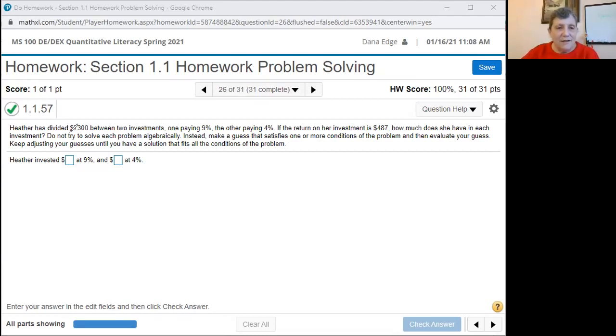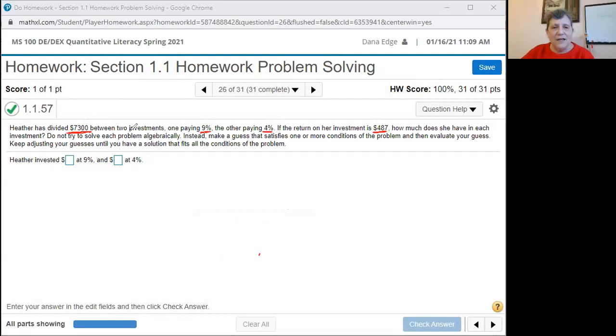Heather has divided $7,300 between two investments. One of them pays 9% interest, the other one pays 4% interest. The return on her investment, that would be the interest that she receives. These are interest rates.